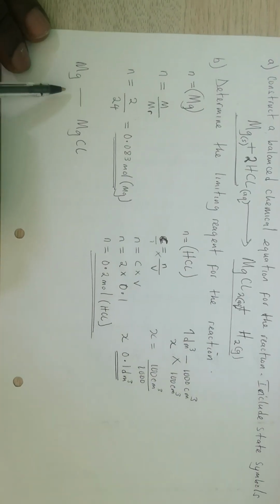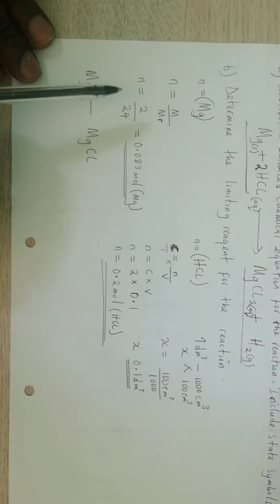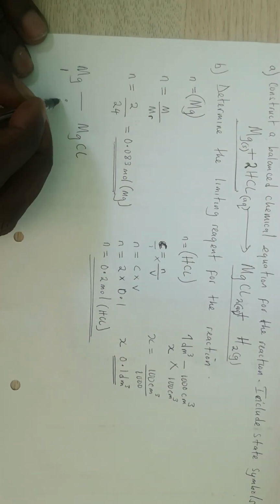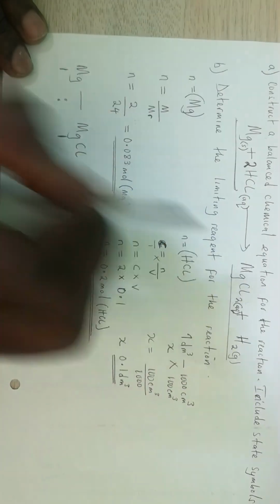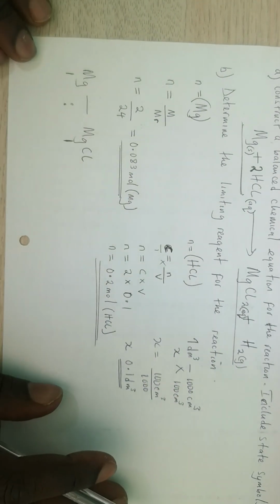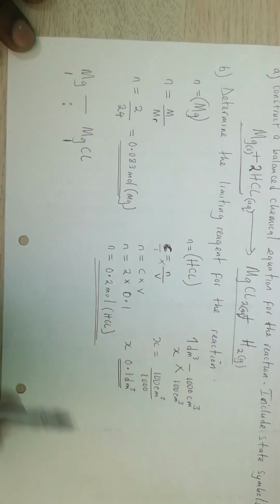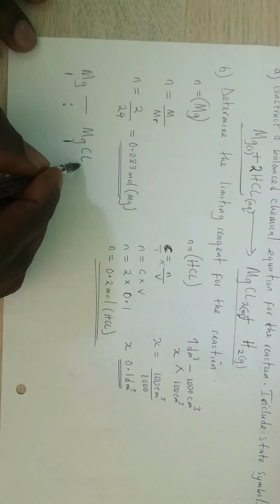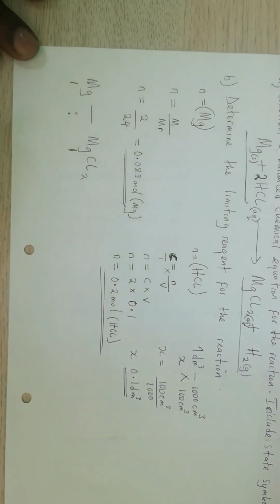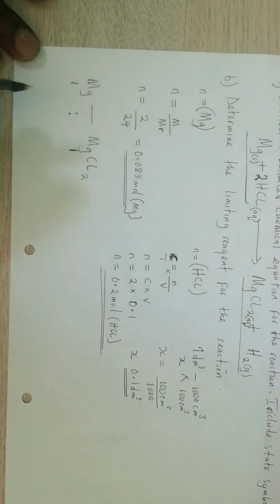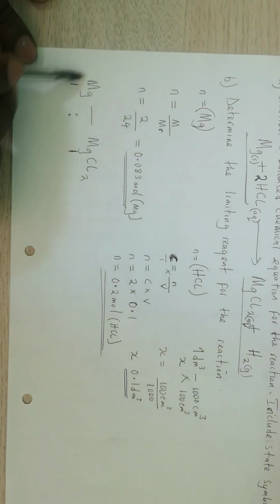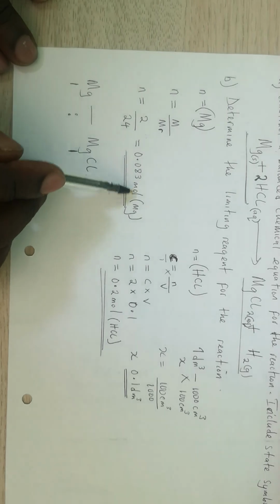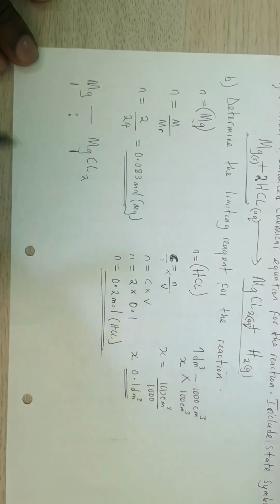So as you can see, the mole ratio between magnesium and magnesium chloride is 1:1, according to the balanced chemical equation. What this means is that the number of moles of magnesium is equal to the number of moles of magnesium chloride, since they are in a 1:1 mole ratio. So magnesium chloride produces 0.083 moles of the product.